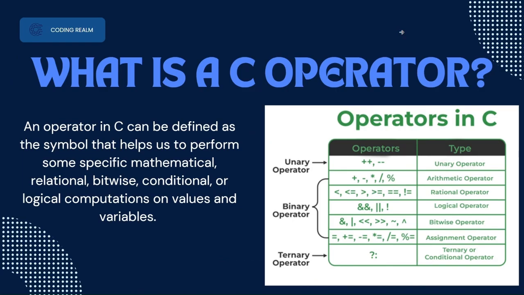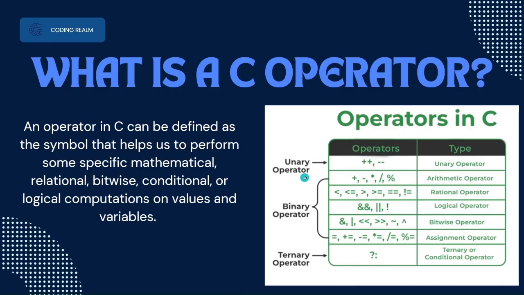Now let's talk about the operators in C programming language. An operator in C can be defined as a symbol that helps us perform some specific mathematical, relational, conditional, or logical computation on values and variables. These are the C operators.